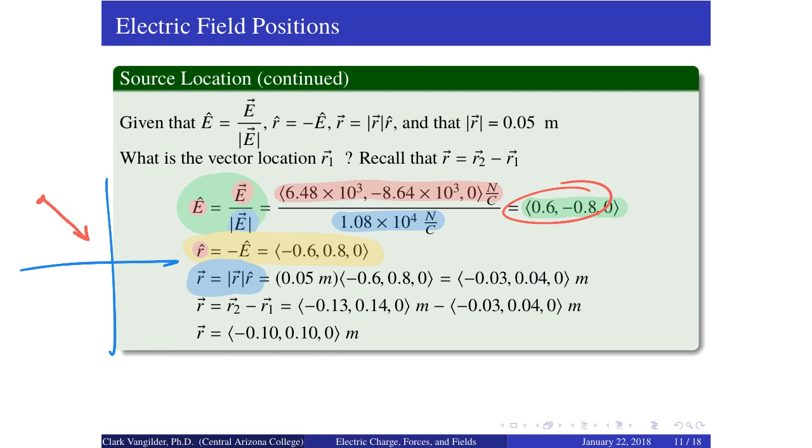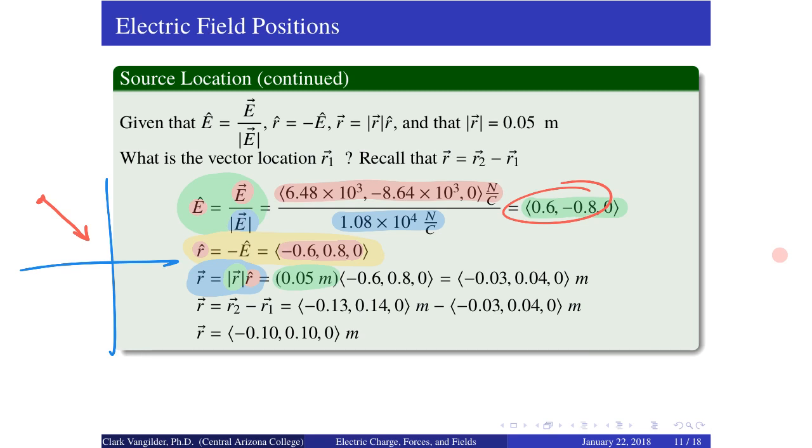Again, like I said before, that is the definition of the position vector. Vector equals its magnitude times its direction, which happens to be known now as this. The magnitude, you may not remember, we just found it a minute ago. It's 5 centimeters. That's how far away the source is from the location where we're measuring the electric field.